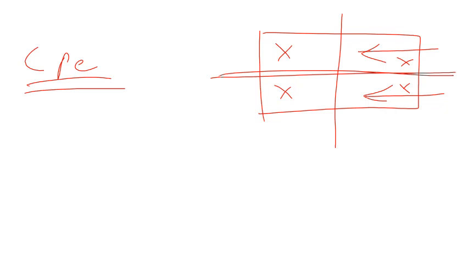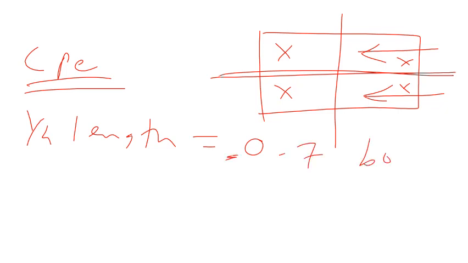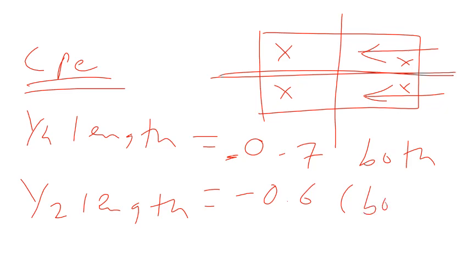So CP for 1/4 length of the building, again this is a table value, will come to minus 0.7 on both slopes. And for 1/2 length of the building, this value will come to minus 0.6, right? And again this is for both the slopes, because it is one and the same for both the slopes in case of wind flowing parallel to the ridge. So we have the CP.